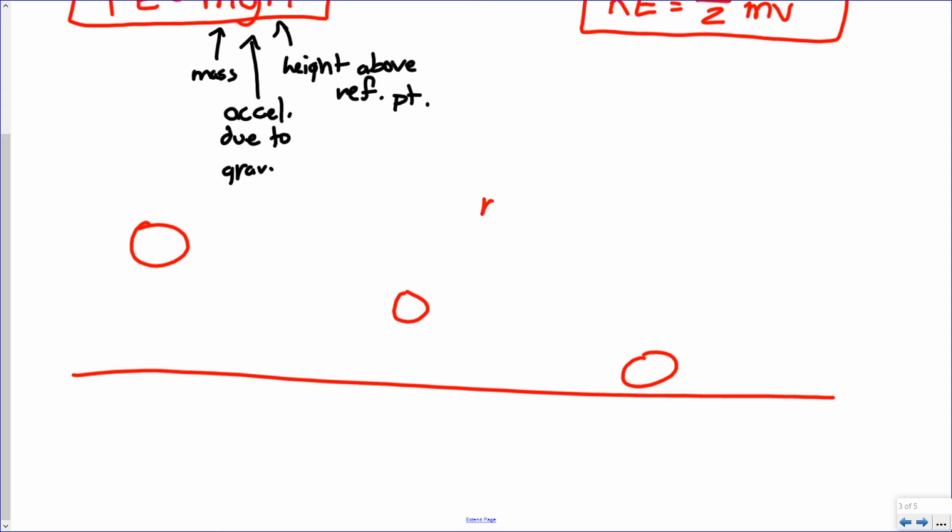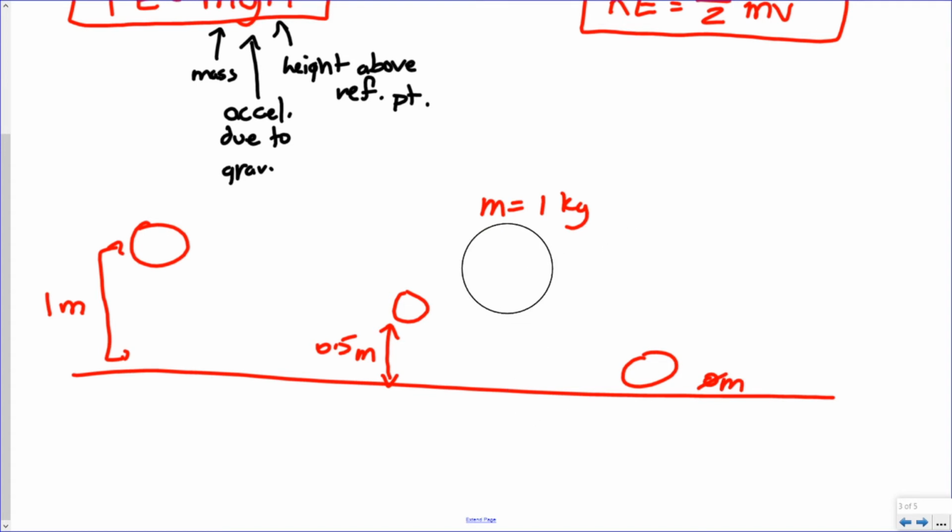Let's say the mass of this ball was 1 kilogram, and the height right here to here was 1 meter. And here it's 1/2 meter, and here it would be, of course, 0 meters. So the mass is 1 kilogram. Well, let's figure out what our energy amounts would be.